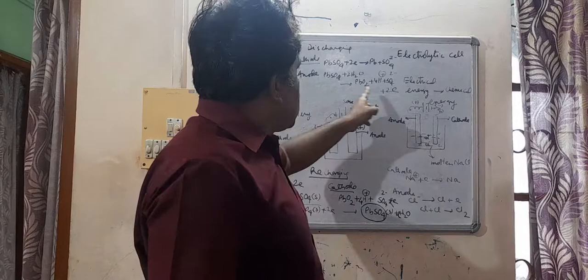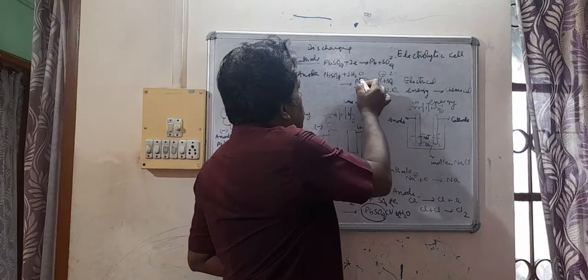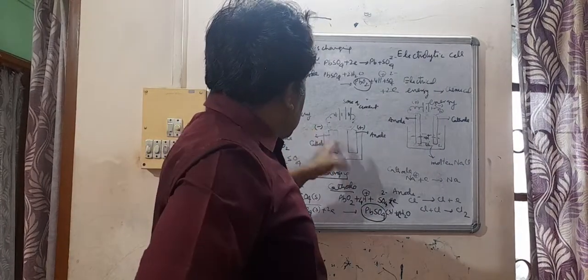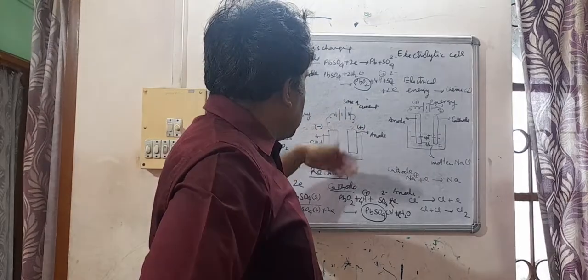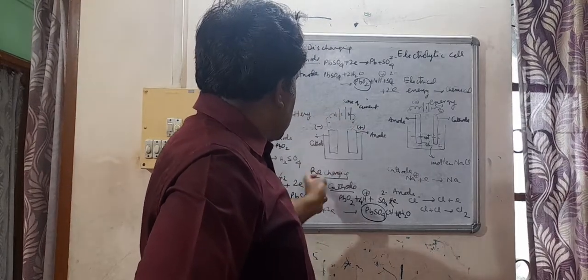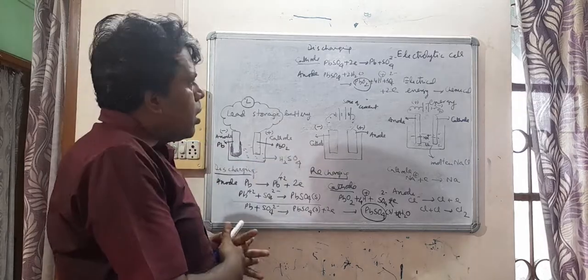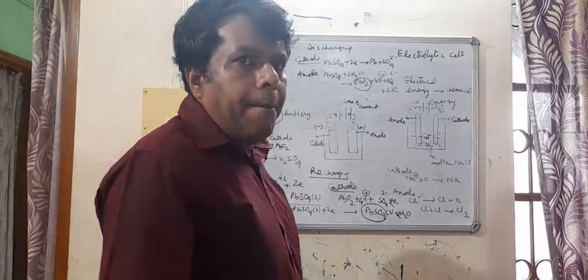So at the anode this one will happen, so you see the anode will come back to initial PbO2. It will come back to the initial position. This is what is known as recharging. So in this way, we do charging, recharging, and then we get current whenever we require.